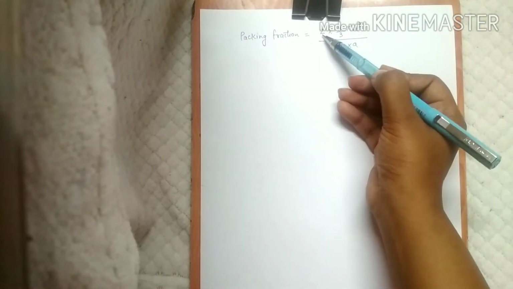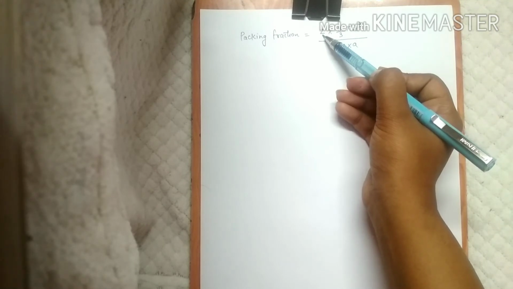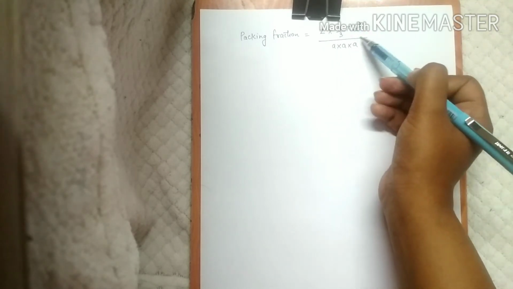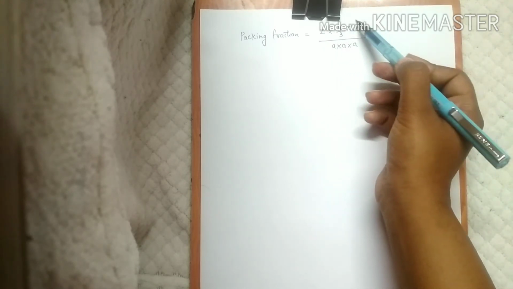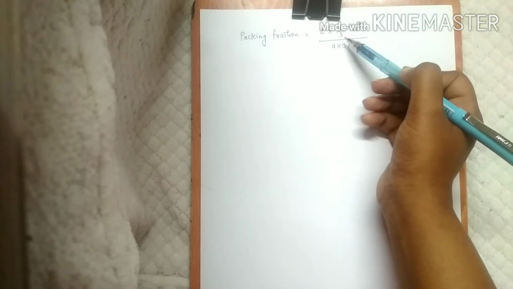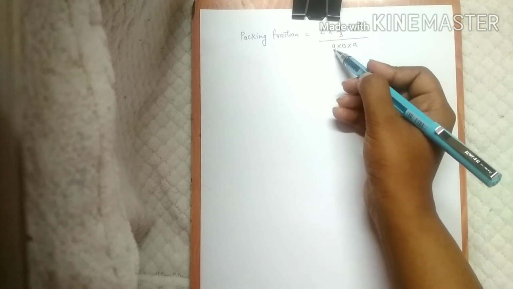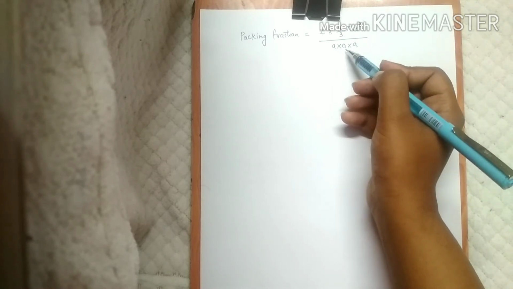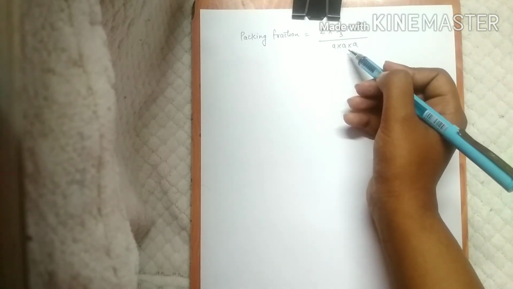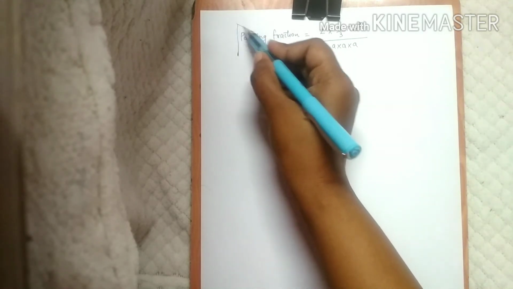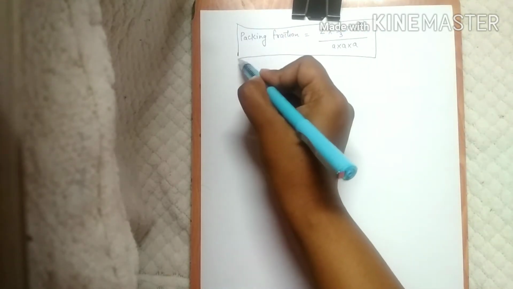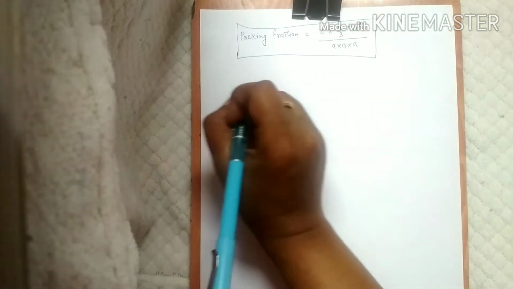Here Z is your number of atoms present per unit cell. 4 by 3 pi r cube is your formula for volume of sphere, and here we are considering our molecules, atoms or ions to be spherical in nature, and a is our edge length or the unit cell parameter. So this is going to be the formula for calculating packing fraction.